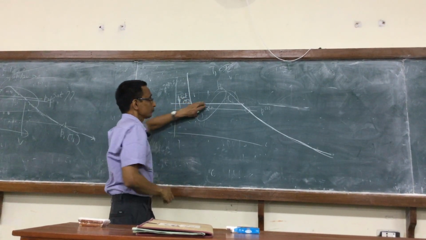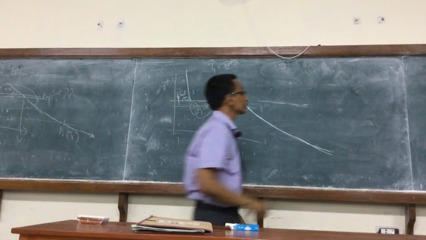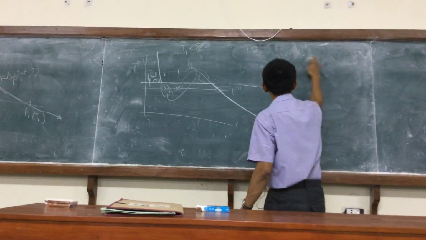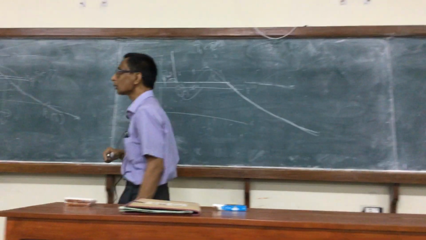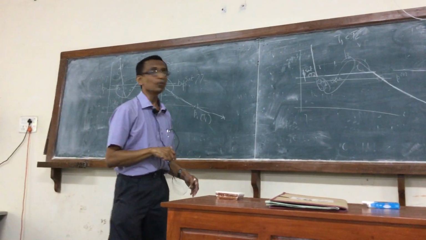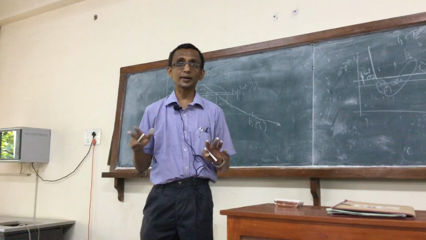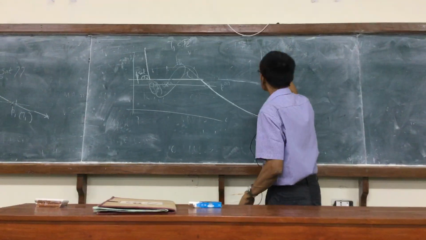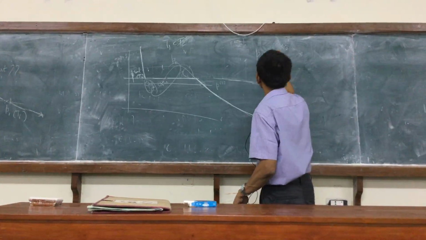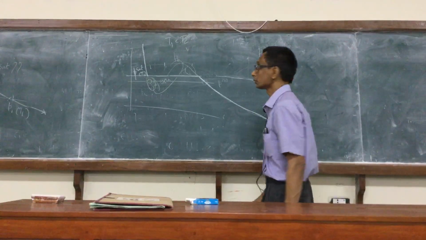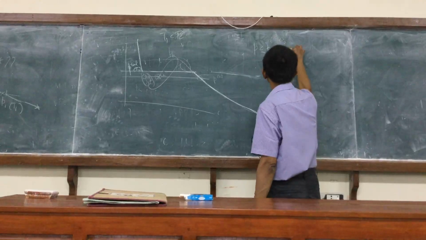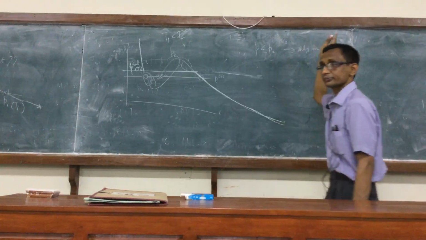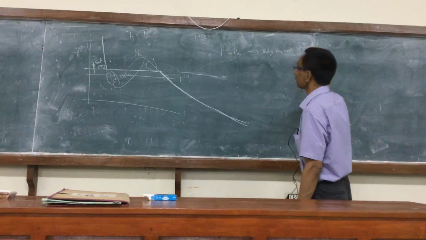What it means is that now we can clearly identify the regions. P less than PA: only one root exists, and that will correspond to the gas.